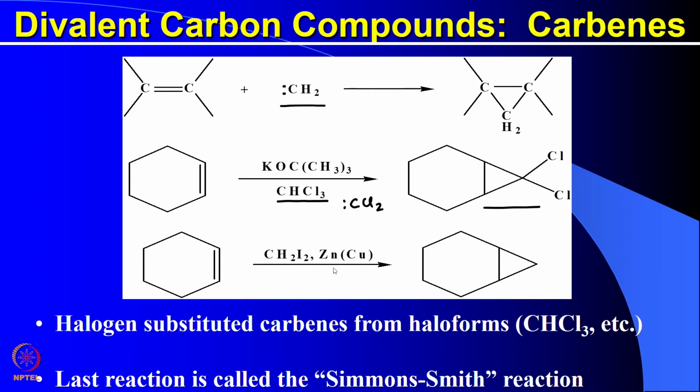Similarly, CH2I2 in presence of copper-zinc as catalyst can also form the methylene carbene and can form a cyclopropane derivative. This last reaction is called the Simmons-Smith reaction. So this is how you can generate a three-membered ring using a carbene on a CC double bond.